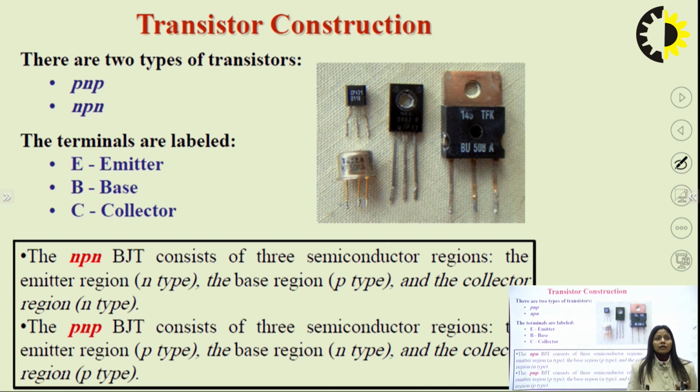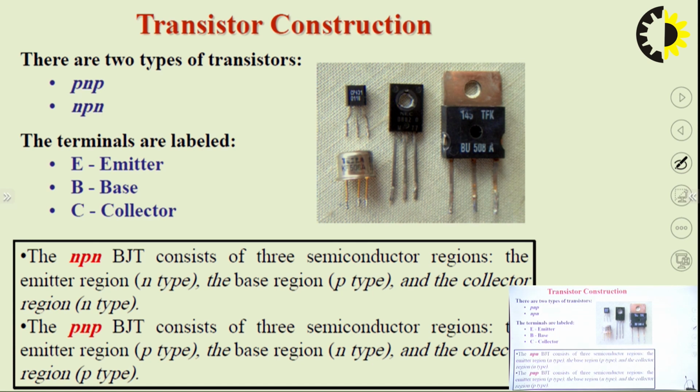So here the PNP and NPN are the two types of transistor, as we all know, and there are three terminals in any transistor, that is emitter, second one is base, and third one is the collector.